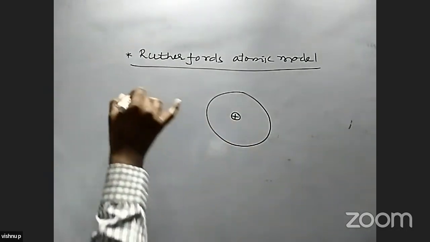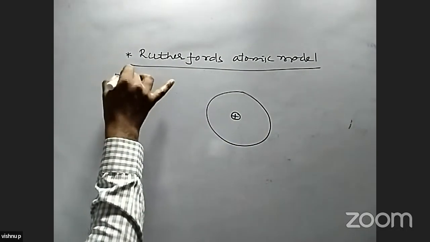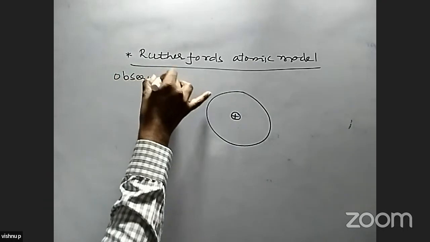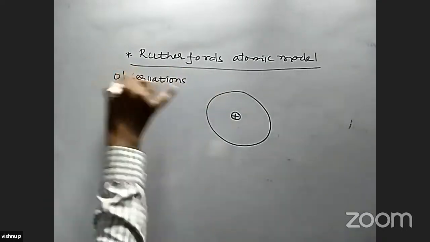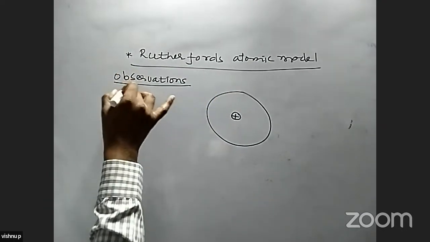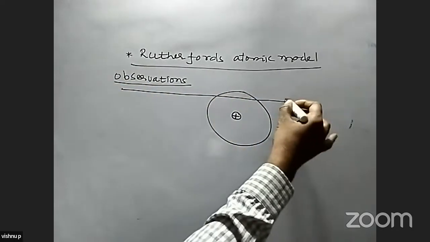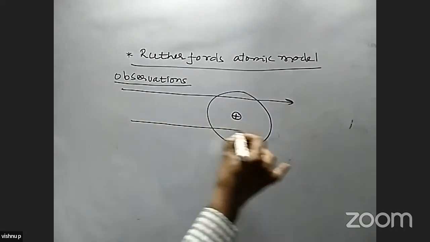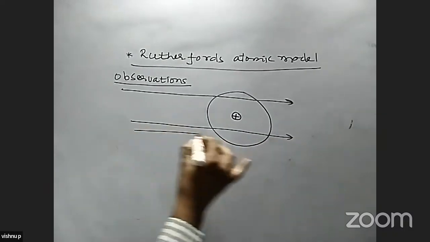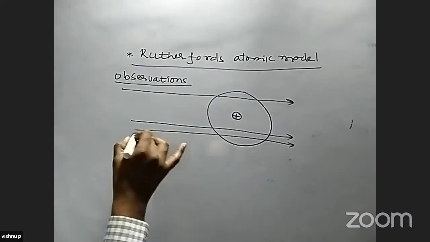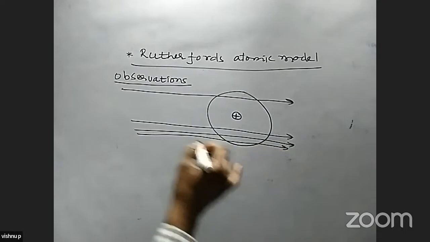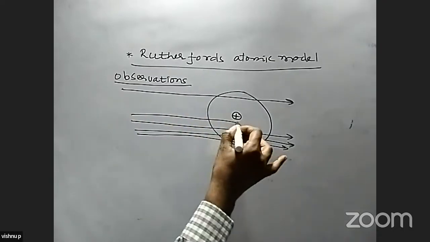And what are the observations here? Observations of the Rutherford atomic model. He passed alpha rays through this very thin gold foil, because when compared to all metals, gold is more malleable in nature.